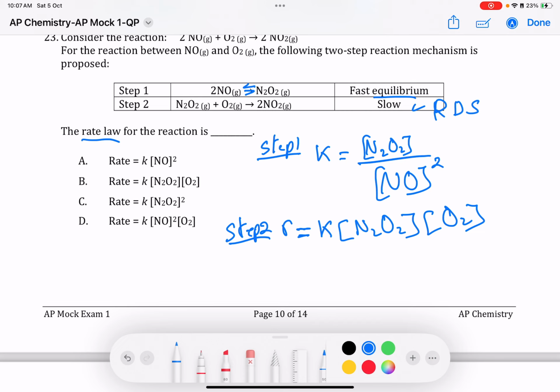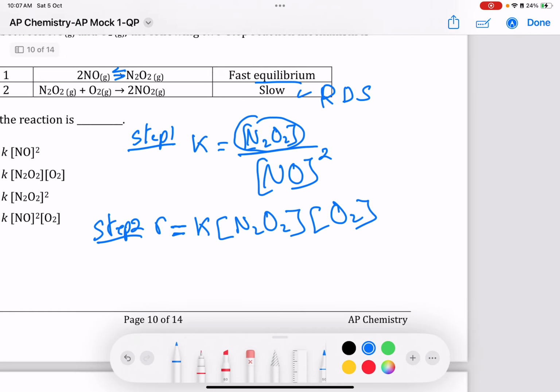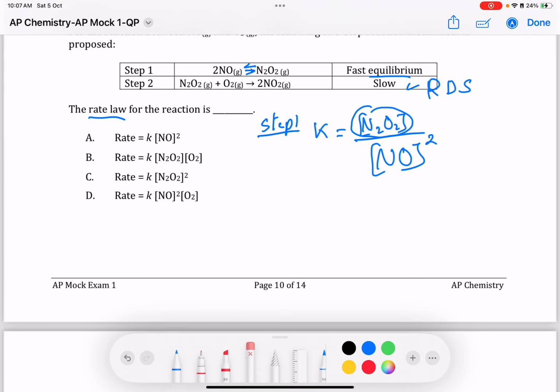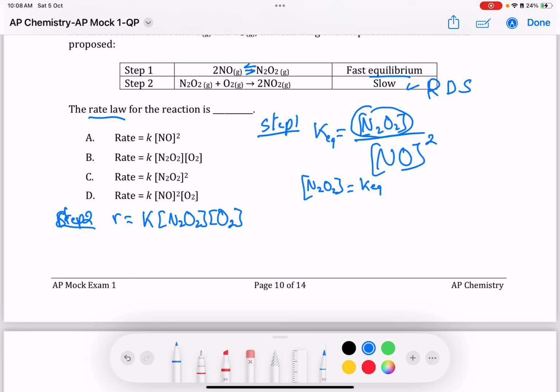Now, we need to use the formula written above in order to change the N2O2. So from step 2, we can write the rate law as K multiplied by N2O2 times O2. Now, using the formula of K equilibrium, we can take N2O2 to be equal to K equilibrium multiplied by NO squared.